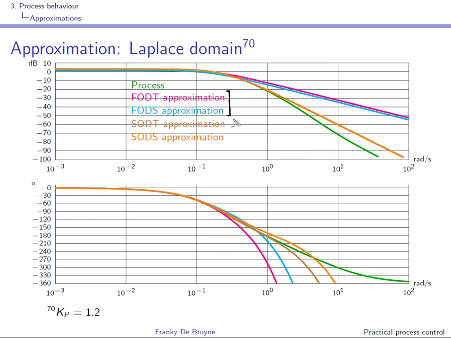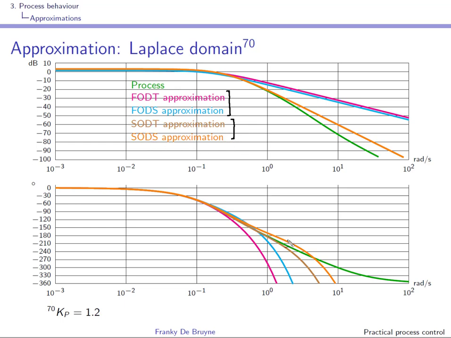We can see here that with the second order approximation, we do a better job at the high frequencies, because here also the slope is minus 40 dB per decade. As far as the phase is concerned, we always have a problem, because our original process does not have a delay, and of course in our approximations we have a delay appearing.